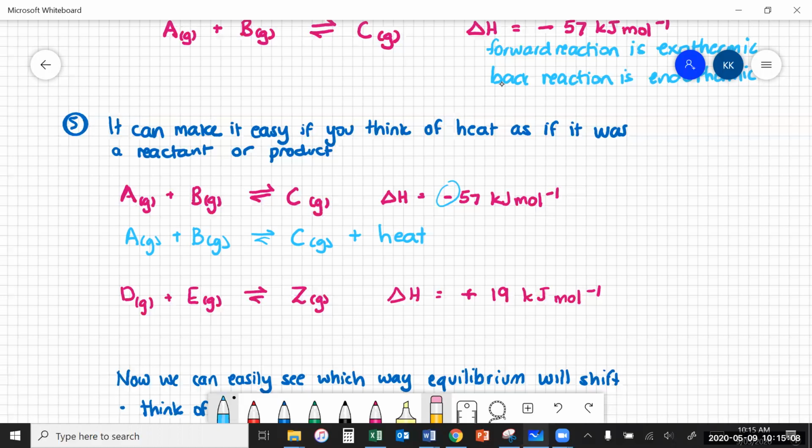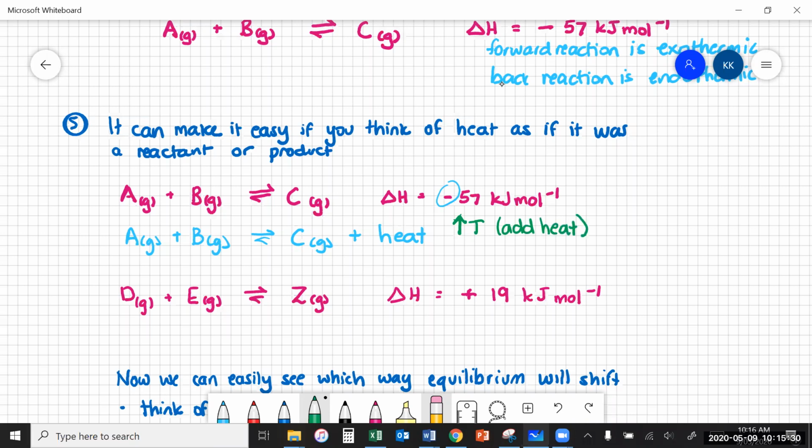And this makes it very easy for me because I'm going to think of my temperature changes as either an increase in heat or a decrease in heat. So I'm going to think of my increase in temperature as adding heat.